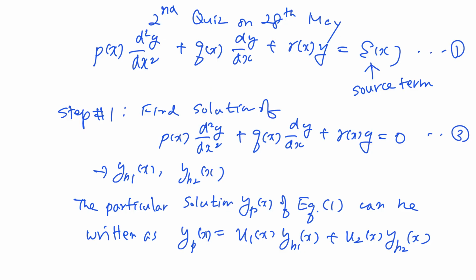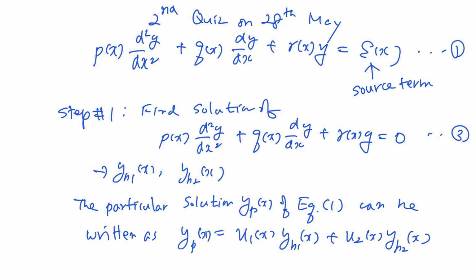That means we can represent the solution of the inhomogeneous differential equation as the combination of the homogeneous solutions yh1 and yh2. The difference is the coefficients u1 and u2 are also functions of x, right?